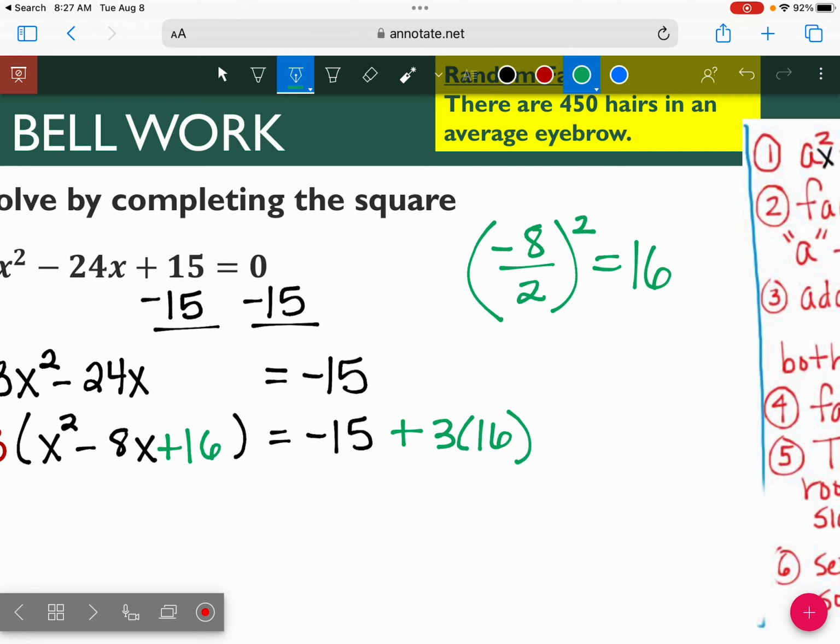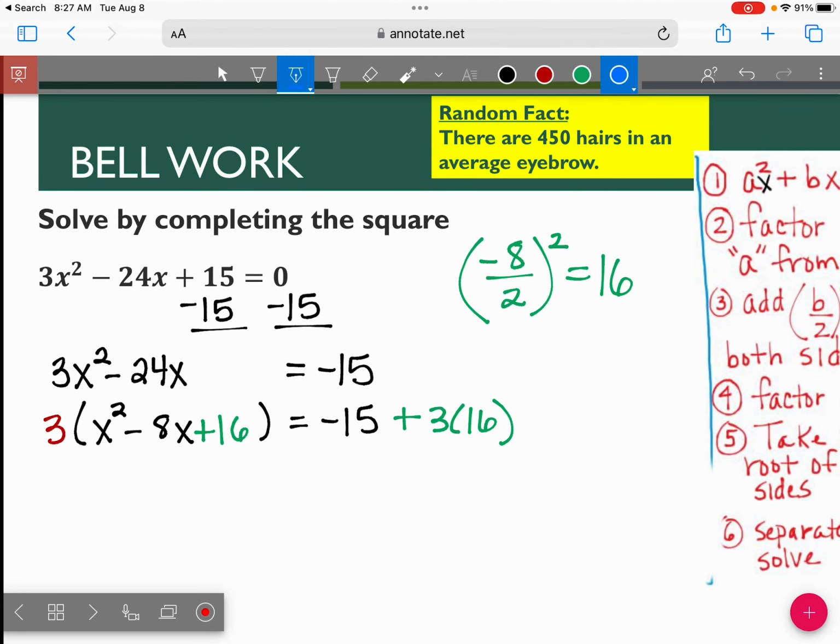So now we're here at step 4, which is factor. So I want you to factor this down, and that should be a perfect square. So what 2 numbers multiply to be positive 16 and add to negative 8? It's always going to be the same number.